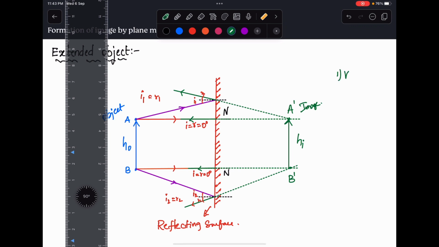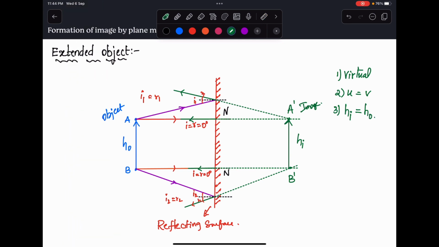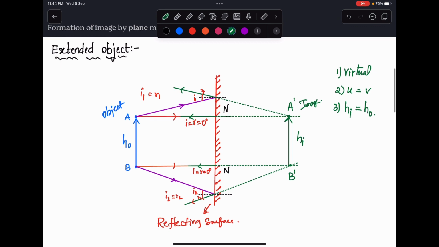Previously we learned it is a virtual image, and that object distance is equal to image distance, and now the third one we are learning is that the height of the image is equal to the height of the object. Thus the characteristics of image formed by a plane mirror are: it forms a virtual image, object distance is equal to image distance, and height of the image is equal to height of the object.